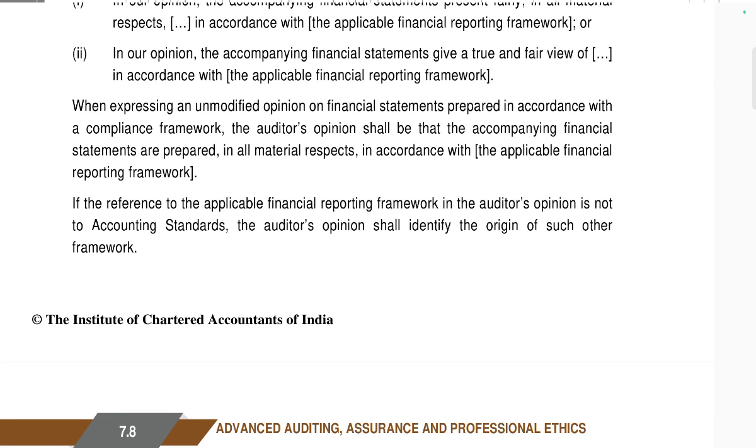When expressing an unmodified opinion on financial statements prepared in accordance with a compliance framework, the auditor's opinion shall state that the accompanying financial statements are prepared, in all material respects, in accordance with the applicable financial reporting framework. If the reference to the applicable financial reporting framework in the auditor's opinion is not to accounting standards, the auditor's opinion shall identify the origin of the framework.